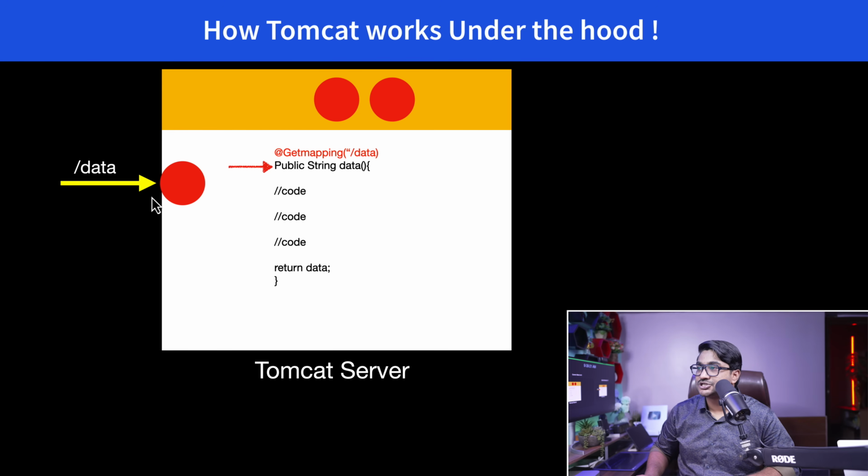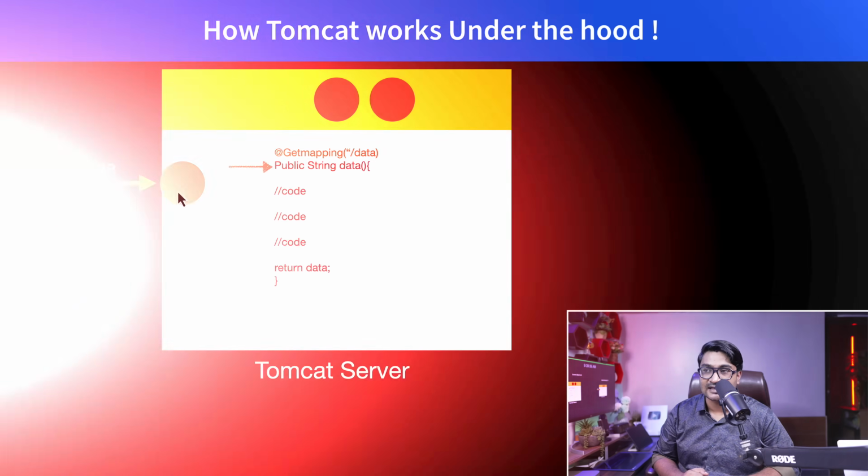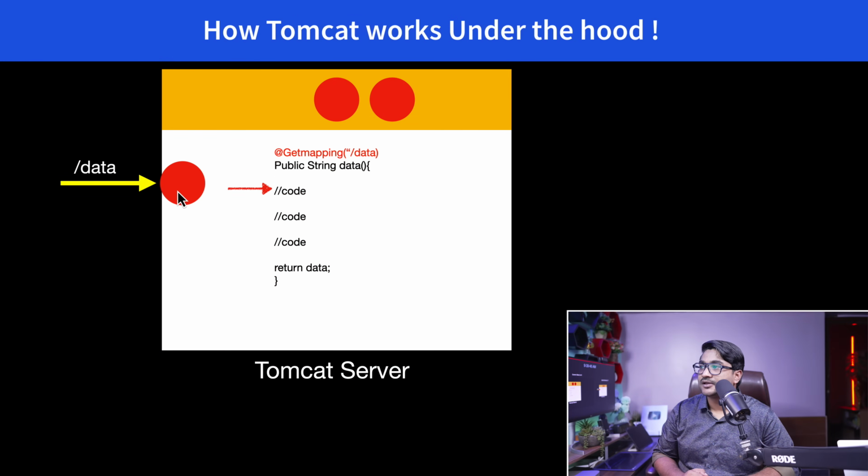This thread's responsibility is to execute all the code that we have over here and then return the data, giving a response to the user who hit the request. So the thread's responsibility is to process the entire request and response cycle. Now imagine we go to the next line. In this line, let's say there is nothing much happening. So once the execution is done, we will go to the next step.